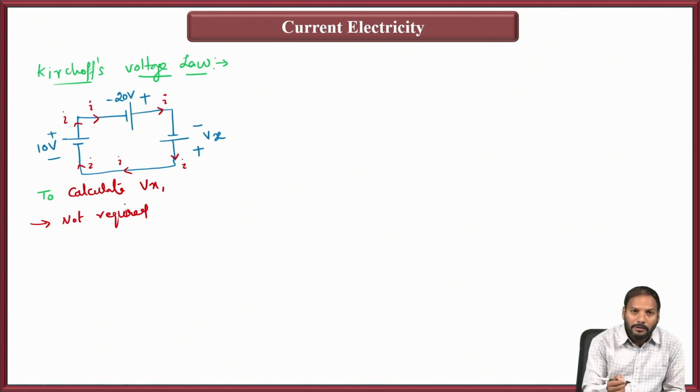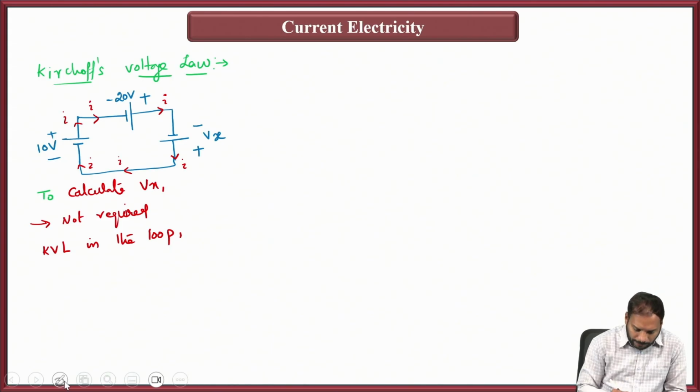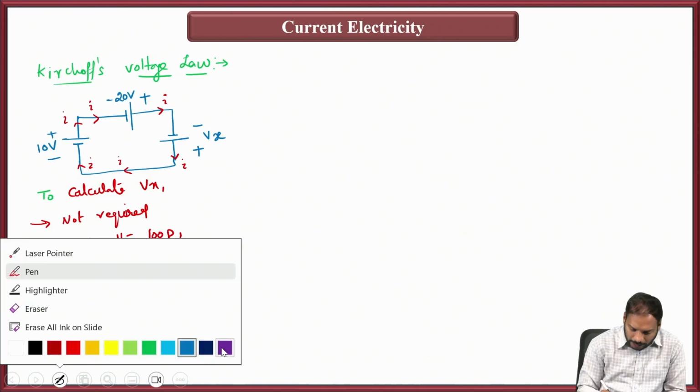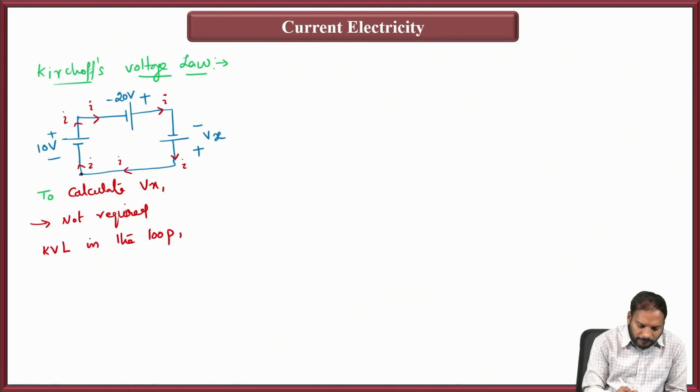Now I'll go ahead and apply KVL, which is very simple. You need to think like this: start at this point and keep walking throughout the loop, and once again you reach the same point.